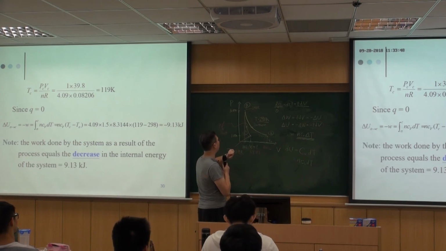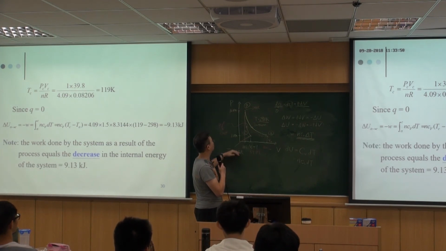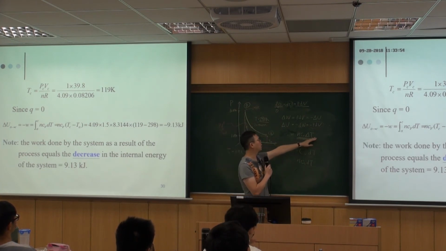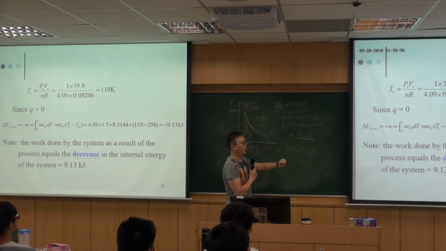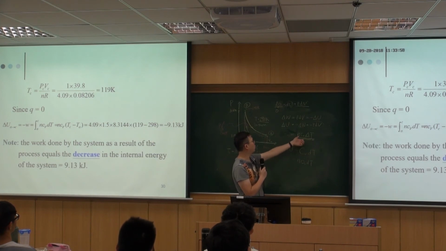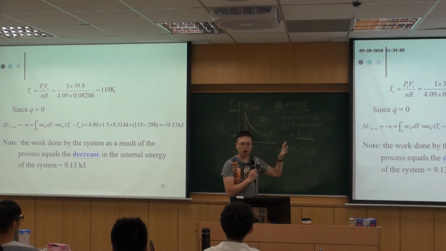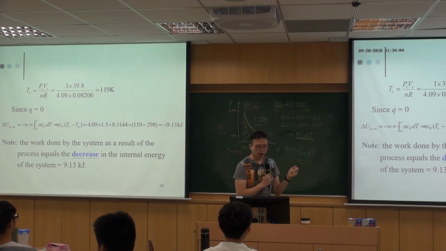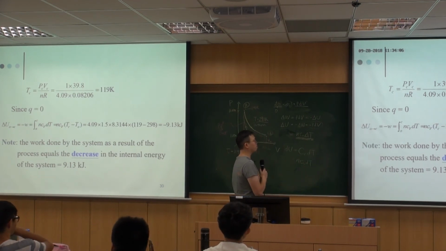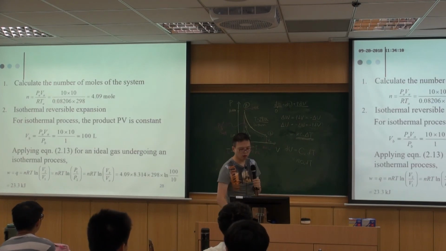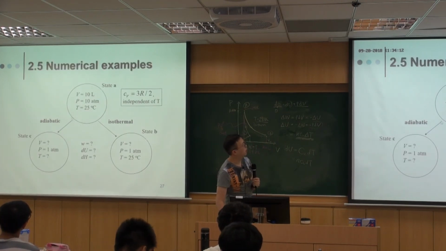And the good thing is that we already know the final temperature and the initial temperature. So we just plug in those two numbers and then calculate. And again, remember that we already calculated the size of the system, which is about 4.1 moles. And CV is 1.5 R. That is also given at the very beginning.